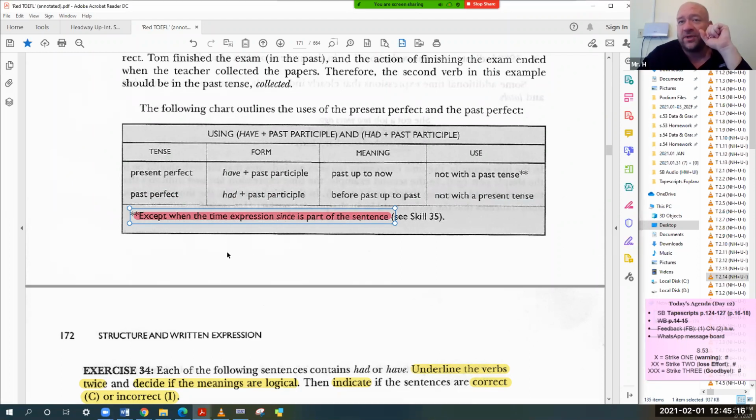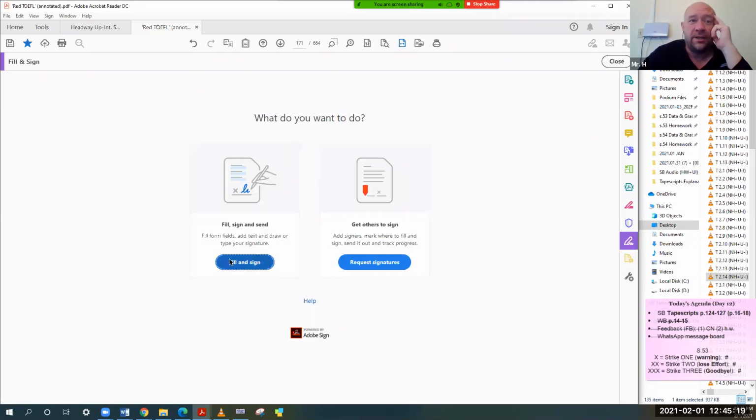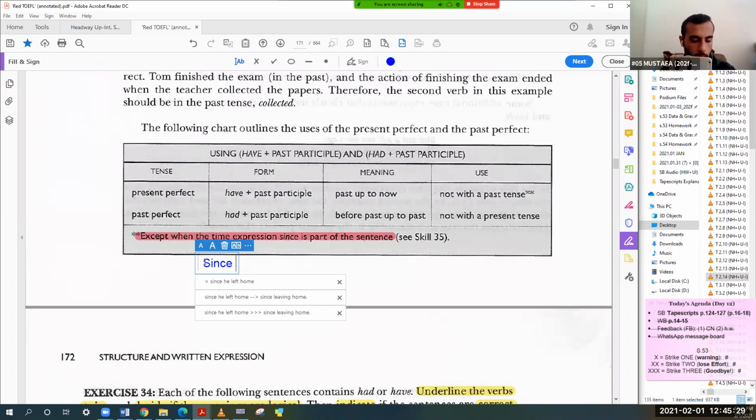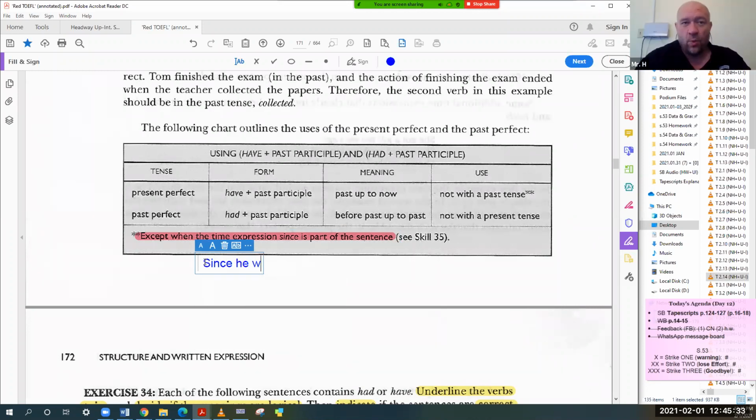For example, since he was a child. That's part of the sentence, because since he was a child.